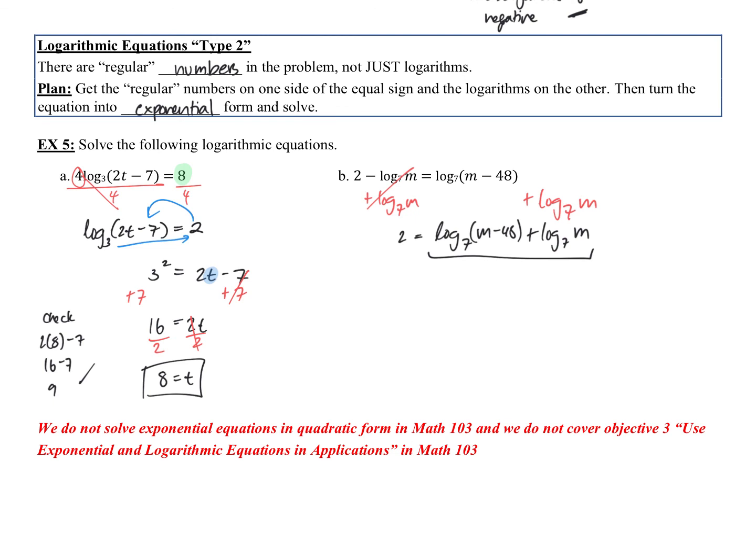So how can I make that addition of logs look like one regular log? Well, we'll use the product rule. So we're going to end up with log base 7 of m times m minus 48. I'll go ahead and simplify that a little further: log base 7 of m squared minus 48m.